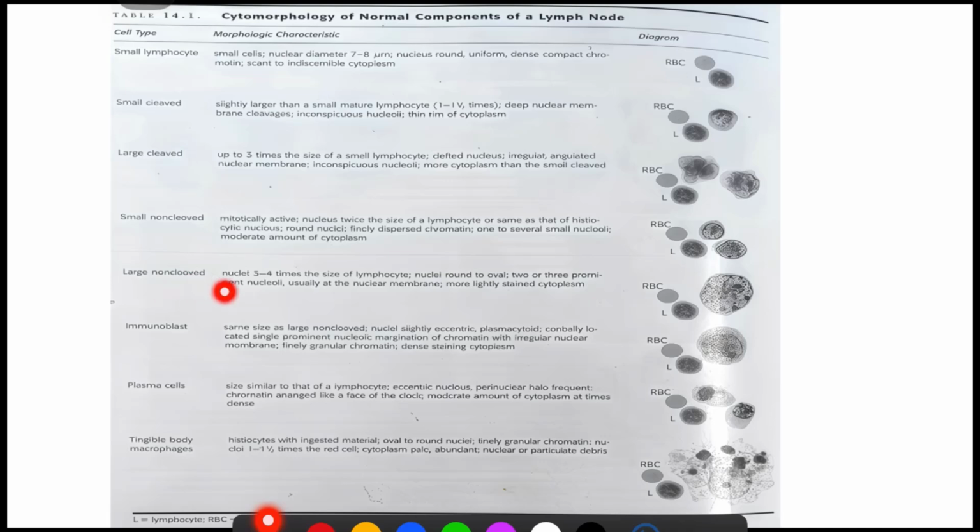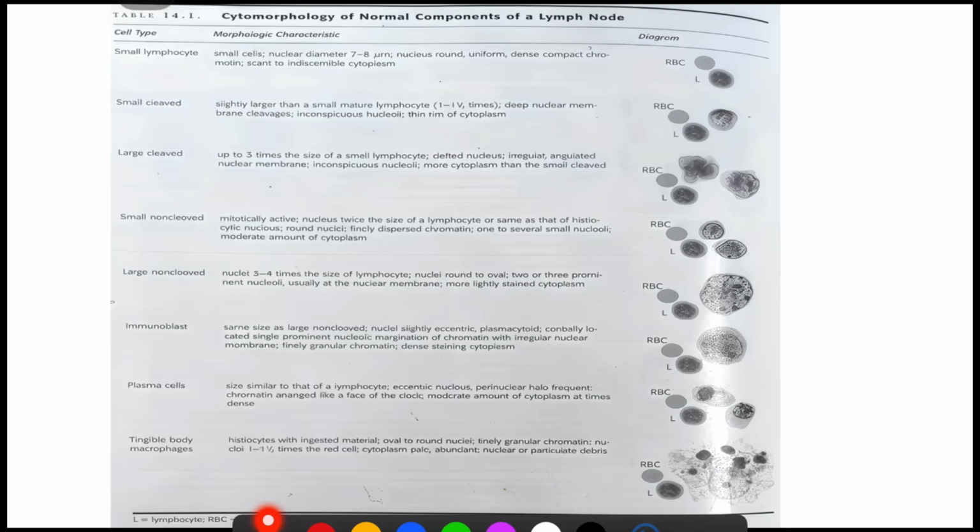And large non-cleaved cells have a nucleus 3 to 4 times the size of lymphocytes, round to oval, with 2 to 3 nucleoli usually at the nuclear membrane. So this is large non-cleaved, basically the centroblast.